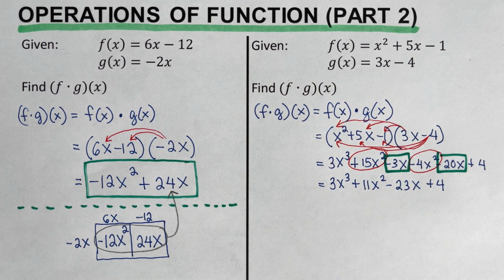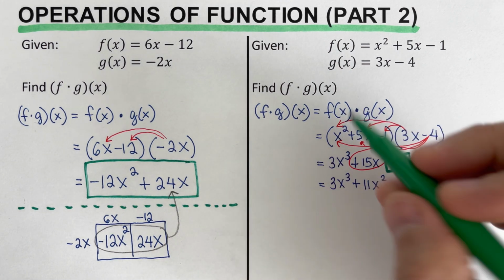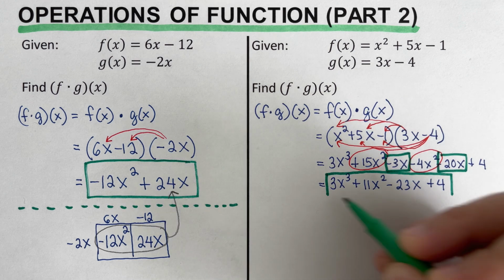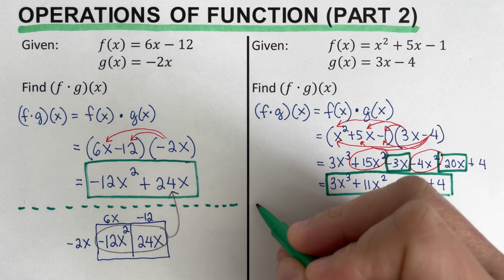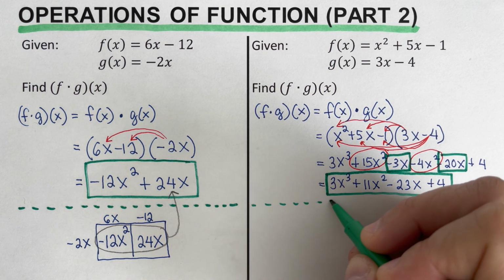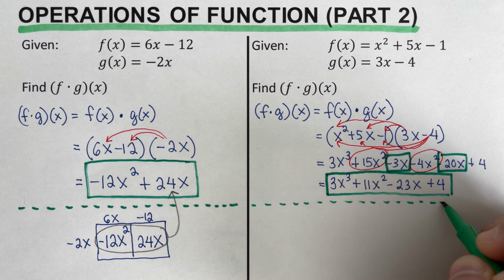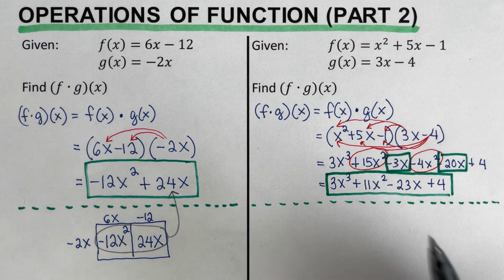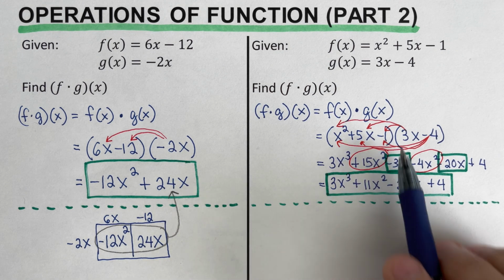So this is the product of these two functions, f of x and g of x. Now, the other way of doing this is using the area model. I'm just going to show that work on the bottom right here. The dimension of the box that we're going to use would be a 3 by 2 box.